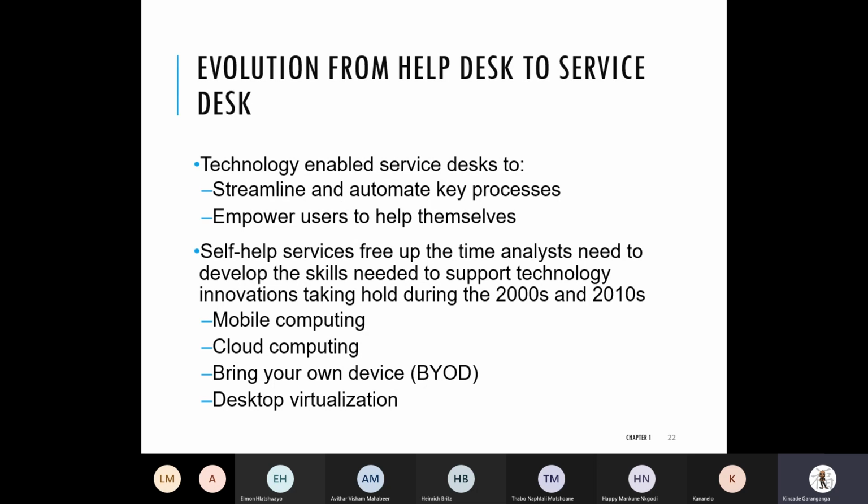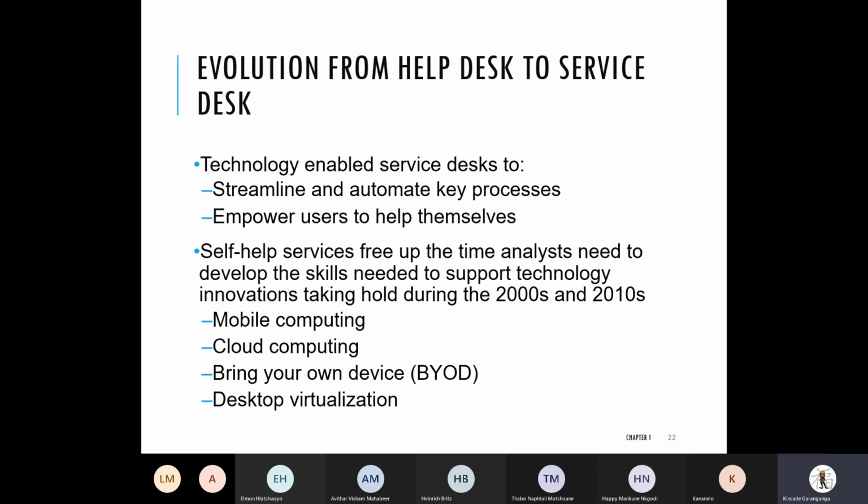So when you look at the whole concept of empowering users to help themselves, this works within the same concept of the self-help platforms we're discussing earlier on, and like I mentioned before, enables freeing up of time for analysts that will need to develop skills that are needed to support technology innovations in that regard, because you don't have to waste too much time trying to assist your customers or clientele with issues that they can assist themselves with, just for argument's sake.